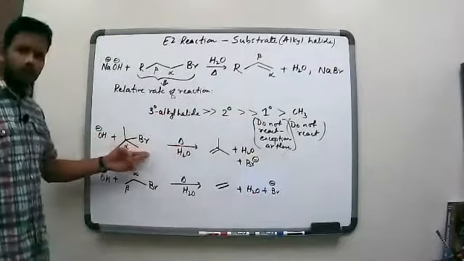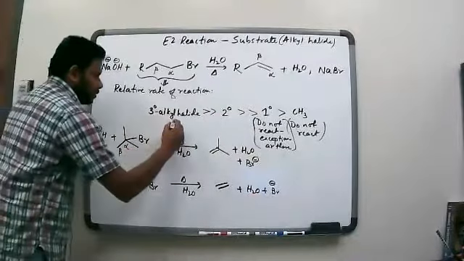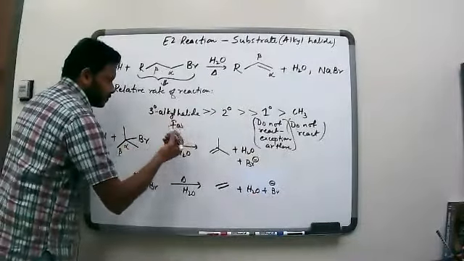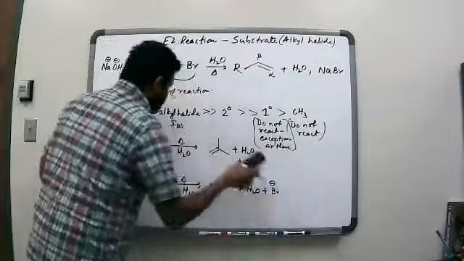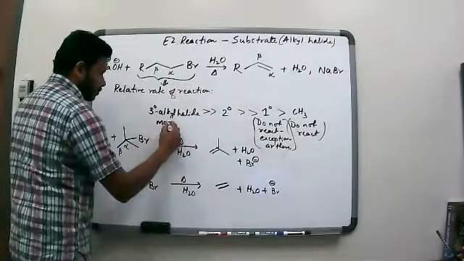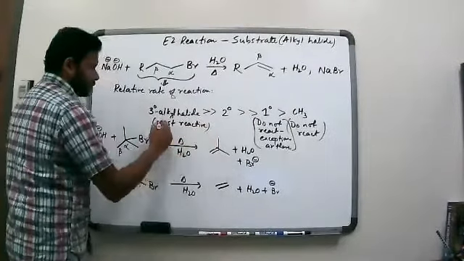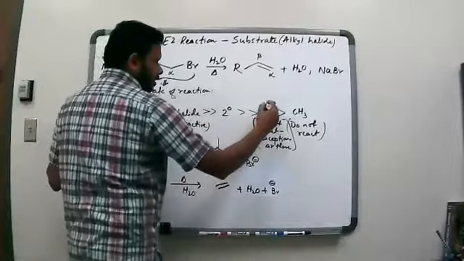If we compare these two reactions, which are sort of the extremes, we're looking at an example of a substrate which reacts the fastest, the most reactive, and the one that's the least reactive.